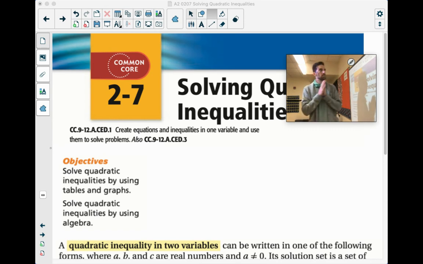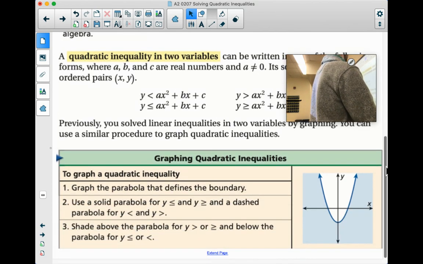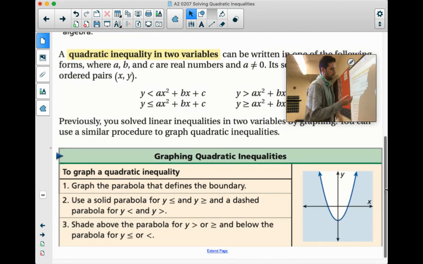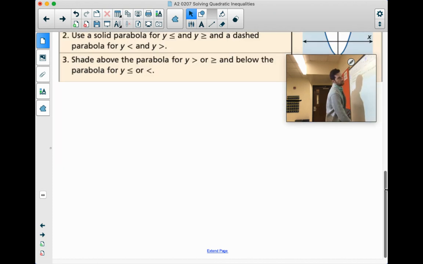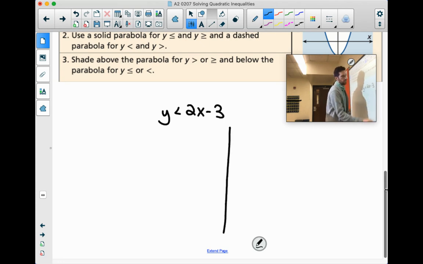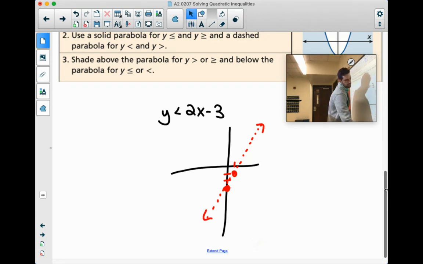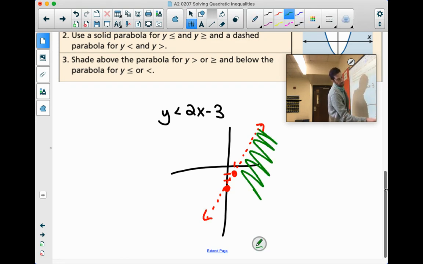So there's some rules here as far as shading, which should make sense, because back in the day, you graphed linear inequalities when you were doing systems. So you had like y is less than 2x minus 3, and you would go down 3, and then to find your next point you'd go up 2 over 1, and you were like, oh, well, that's a dashed line, and it says less than, so that would be anything below the line.